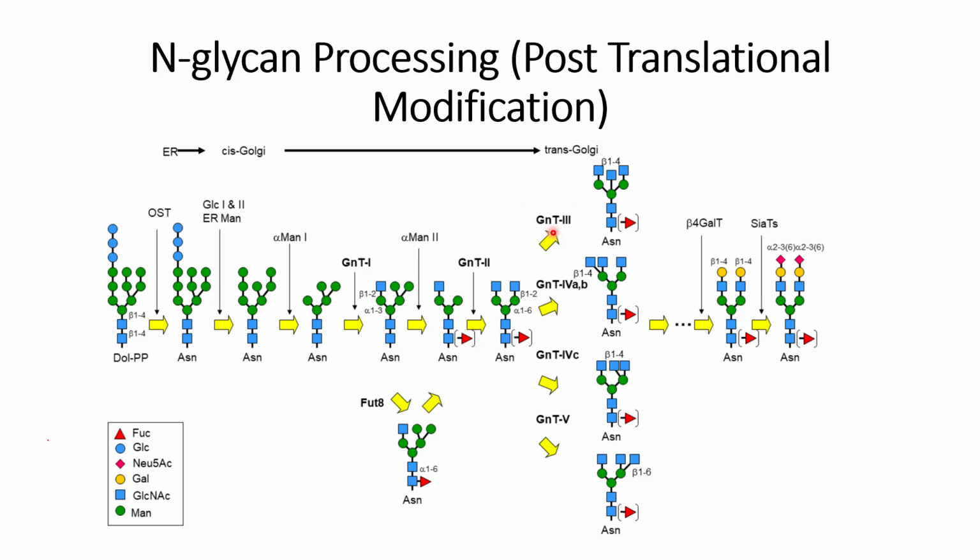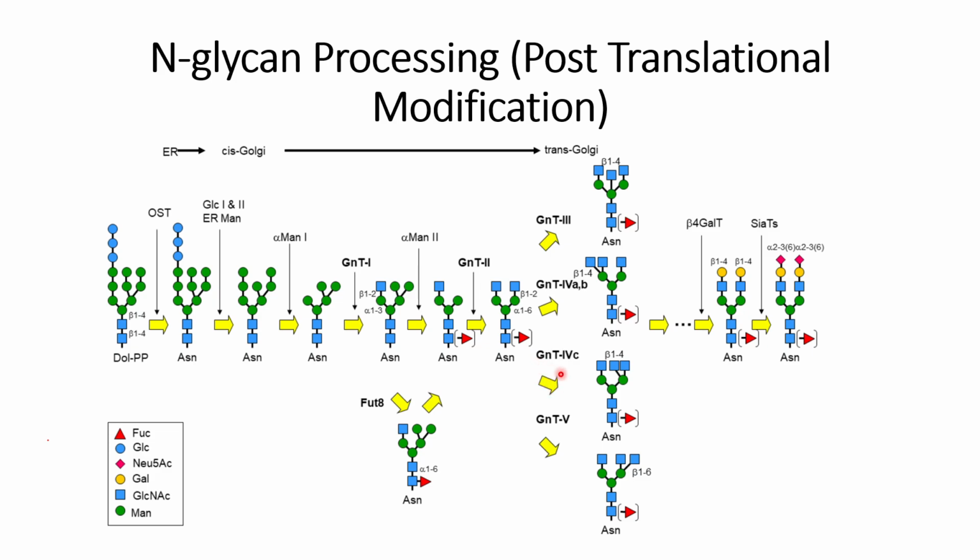So if it interacts with this GNT3, it will lead to the beta 1,4 GlcNAc formation at the middle mannose structure. And if it interacts with GNT4A/B, it will lead to the formation of beta 1,4 GlcNAc structures at the side mannose structures, that is the mannose that forms an alpha 1,3 linkage with the other mannose.